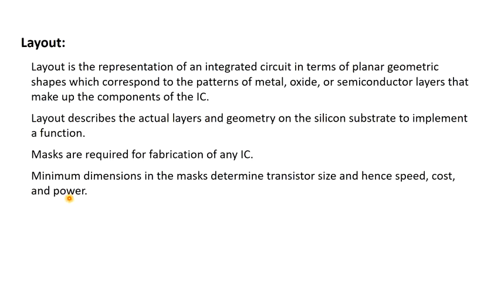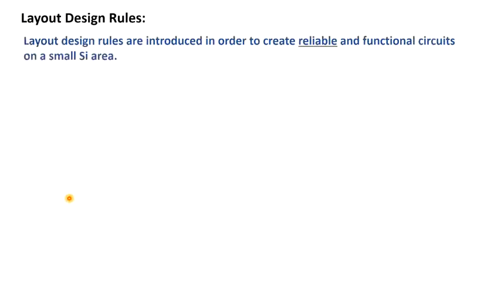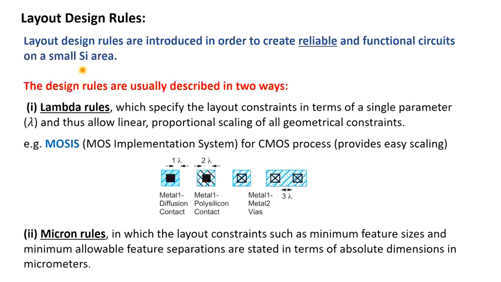So the design of these layouts is guided by different rules which are known as layout design rules. These rules have been introduced in order to create reliable and functional circuits on a small silicon area. Generally, design rules are described in two ways. The first is known as the lambda rule.